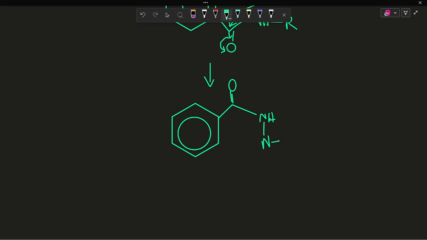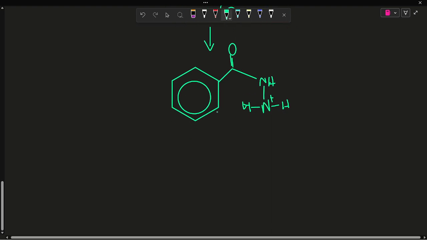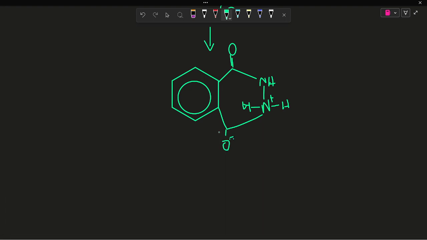Below this we have this NH and H. Since it has donated its lone pair, it will be developing a positive charge. On the lower side we have something like this, right? Here we have O negative, and here we have this oxygen, this NH, and the lone pair on this nitrogen and R, right? So this is what we have got till now.